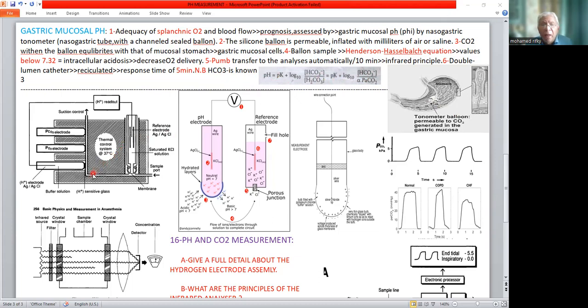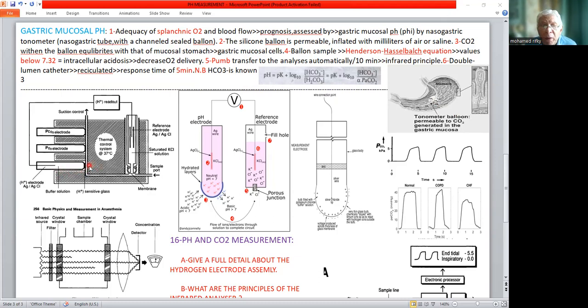These are figures that show the electrode assembly. As you can see, we have the silver chloride, we have the tip glass electrode, which has most probably lithium. This lithium changes its cations with hydrogen, and this area has a buffer to keep the pH in it.